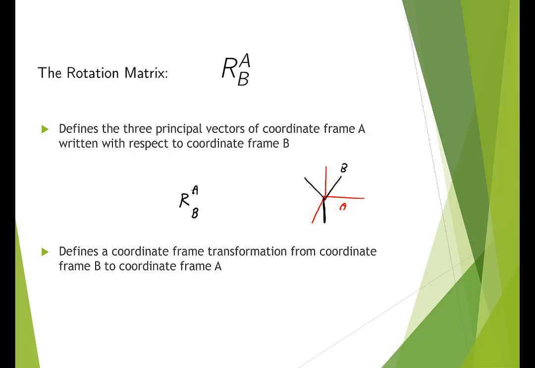What does this do for us? It will bring any vector in frame B to a vector in frame A. This notation helps us follow multiplications. So if this matrix is multiplied by a vector that's written in frame B, it will come to frame A. If you multiply by a vector that's in frame A, it doesn't do anything. It will give you something that's meaningless.